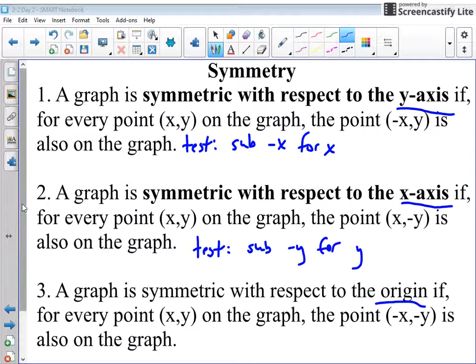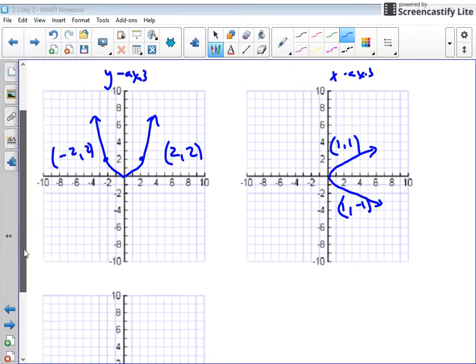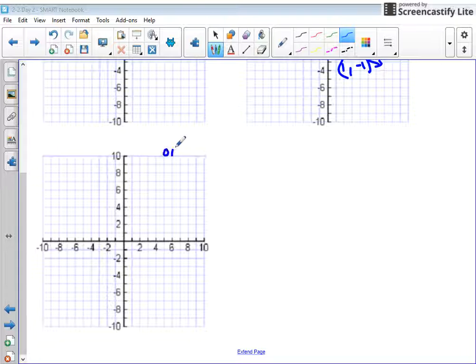A test that we can run for the origin, if you notice here, both the x and the y are negative. Now, let me give you an example of that. For symmetry with respect to the origin, if you've got this graph, I'm going to draw the graph of y equals x cubed, where you see this coordinate here at 1, 1, and you see a coordinate down here at -1, -1.